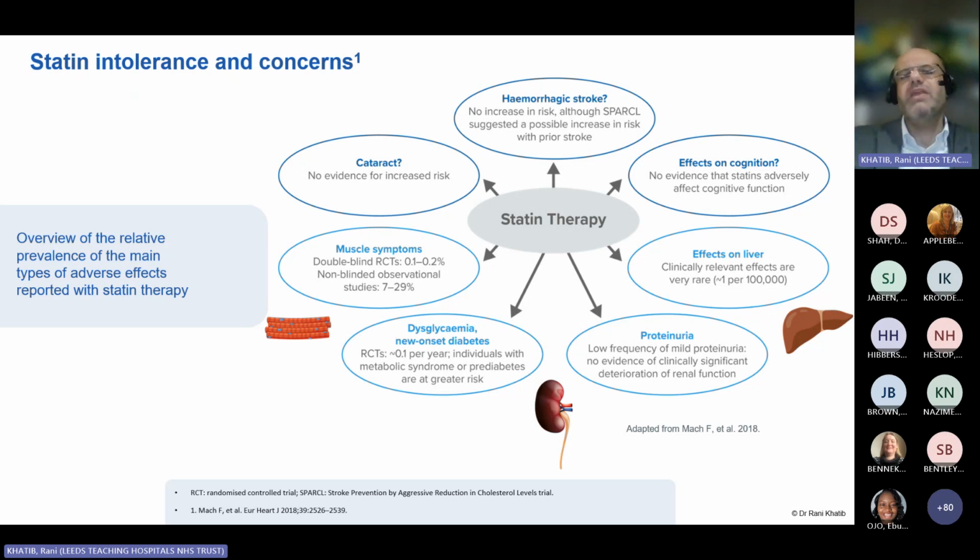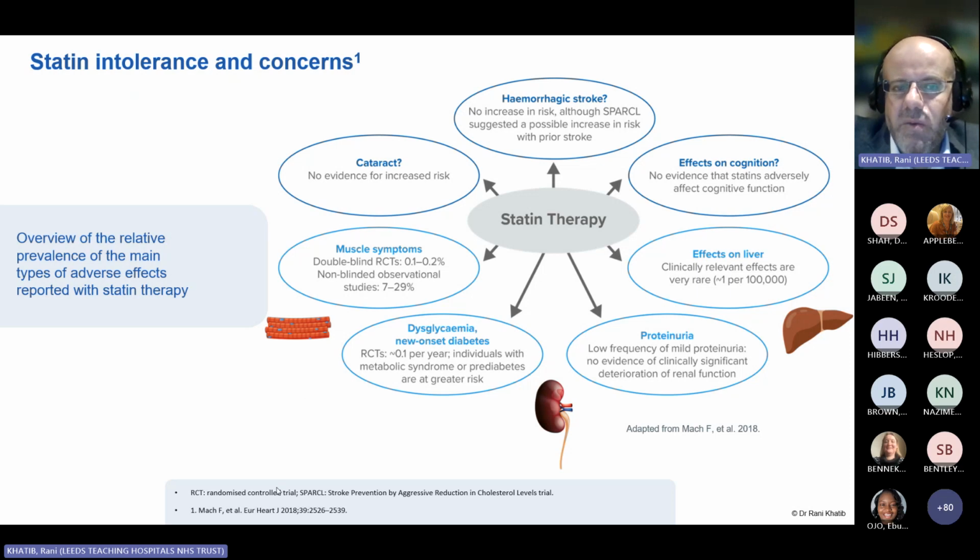So you're saving 1,000 patients from having cardiovascular events such as stroke and MI, and at the same time you are risking developing diabetes or dysglycemia in about 100 of those 10,000 patients. In essence, it seems to be a risk that is there, but in randomized controlled trials it's very, very low, and it seems to be more with pre-diabetes and metabolic syndrome, and they will probably need some kind of treatment anyway.